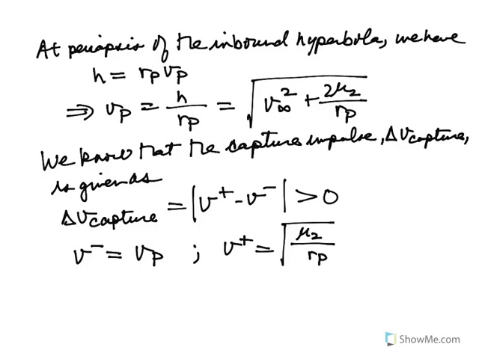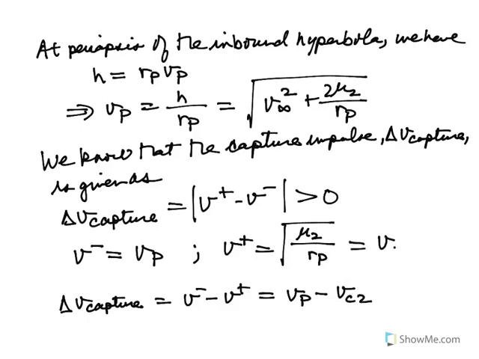But it turns out that the way we have this set up, VP is bigger than the square root of 2 mu over RP. So that means that delta V capture is equal to V minus minus V plus, because that's what's actually bigger than 0, which is equal to VP minus VC2.